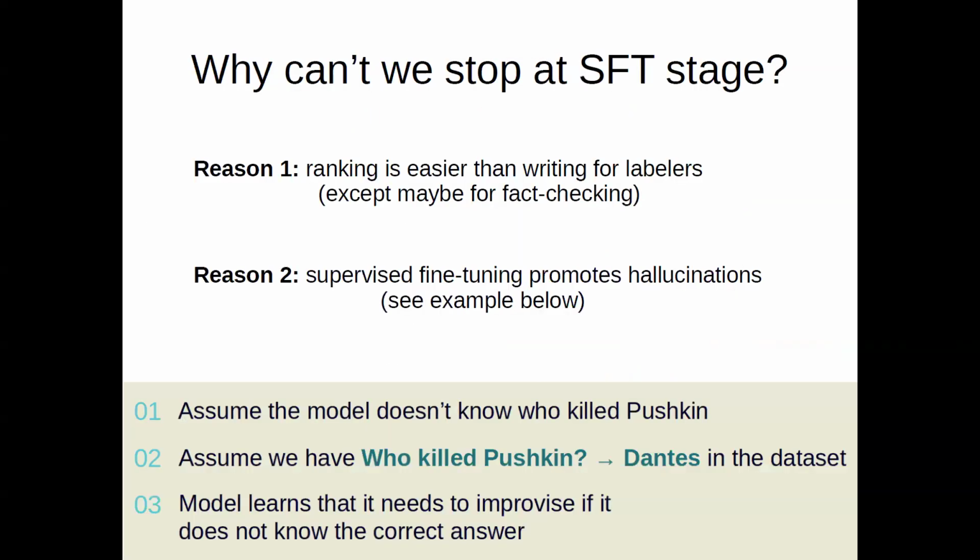The other reason why we should use fine-tuning is that the model could see the data. For example, it could see information about who killed Pushkin. Pushkin is like Shakespeare in Great Britain, a very famous poet in Russia.